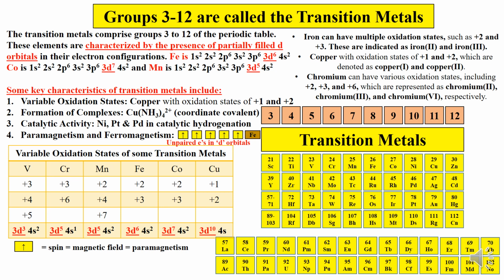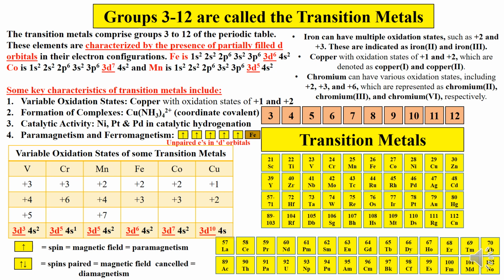So what if the orbital has paired electrons? Let's see. Even if they are paired, the spinning property will be there. Each electron will spin on its own axis and generate its own magnetic field. Now because the spins are paired, the magnetic field created by each electron will be mutually cancelled.